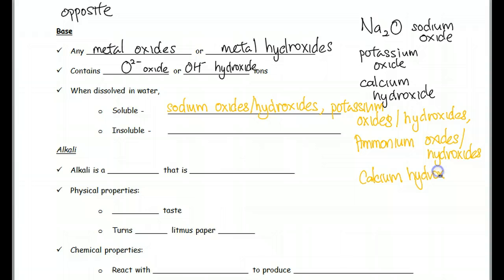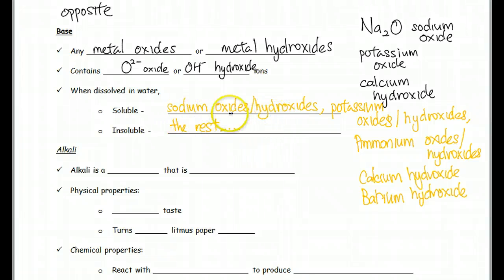So these are the examples of bases which are soluble in water. Actually, there's one more, which is barium hydroxide. These are all the bases which are soluble. Of course, the insoluble ones are the rest, the other oxides or hydroxides.